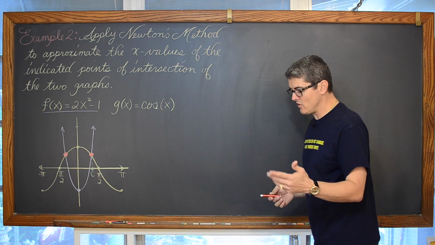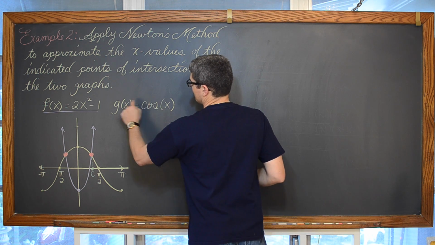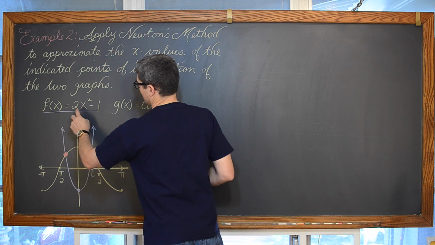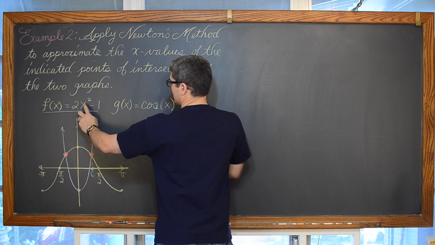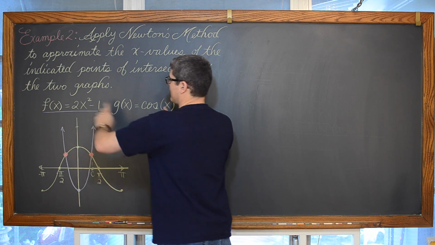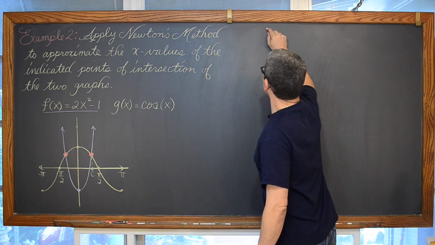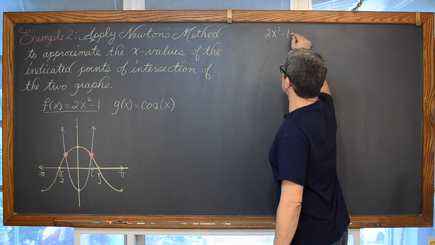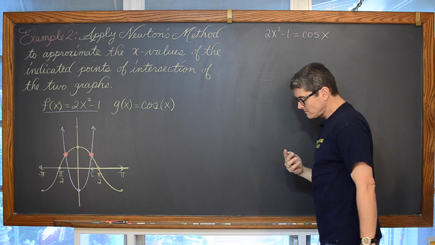So, solving systems of equations using the substitution method. If the cosine of x and 2 times x squared minus 1 give us the same value at some particular value of c, then those y values are going to be the same, and we get that 2x squared minus 1 is equal to the cosine of x.